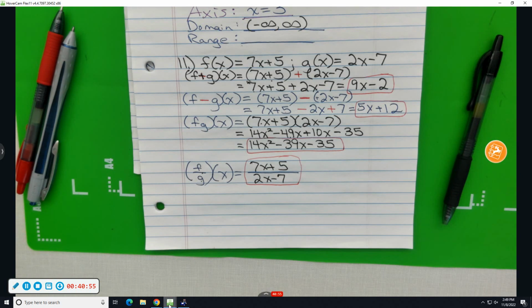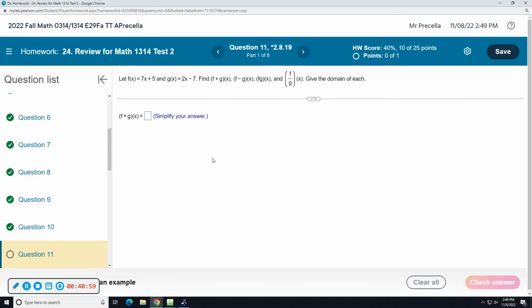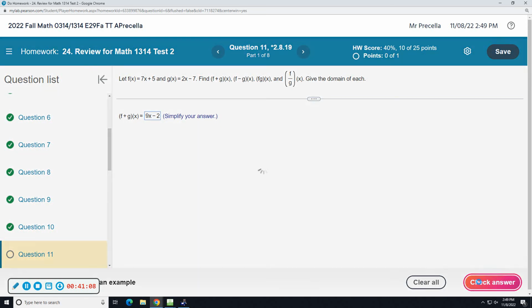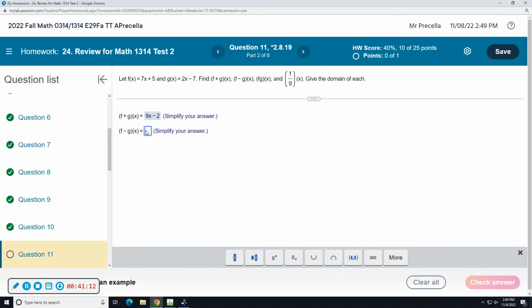So, let's type in those answers. F plus g, that was a 9x minus 2. F minus g, that became a 5x plus 12.